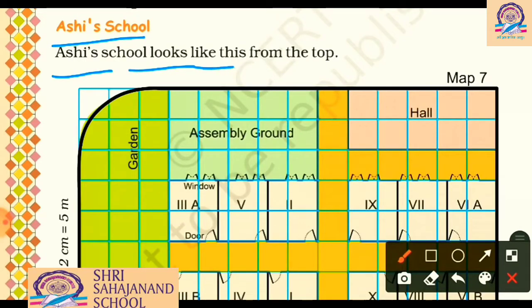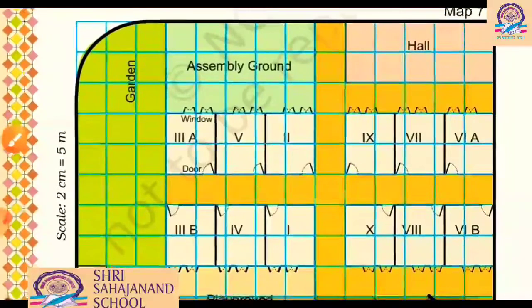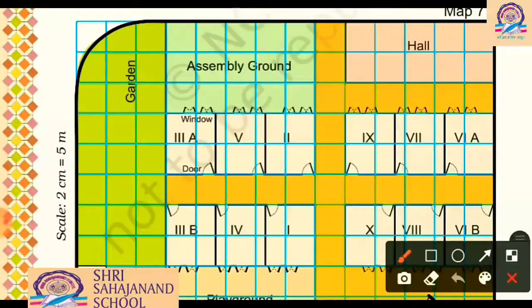Ash's school looks like this from the top. Here Map 7 is given, which is nothing but the map of Ash's school, in the form of a 1 centimeter grid. Here squares are of 1 centimeter each. Now let's see what the map includes.